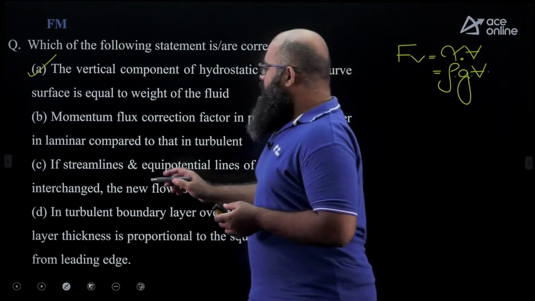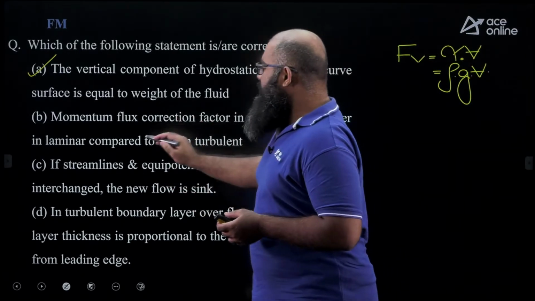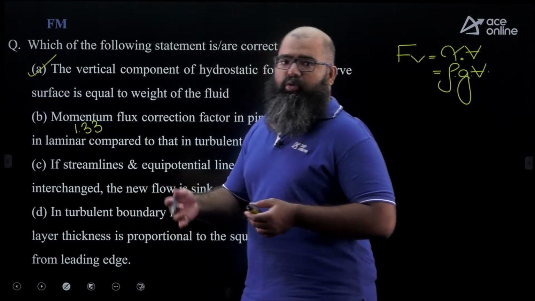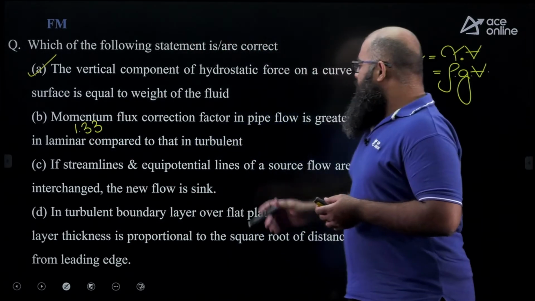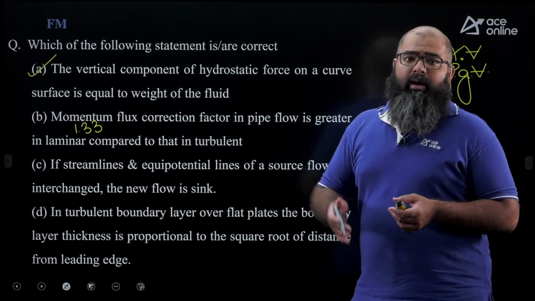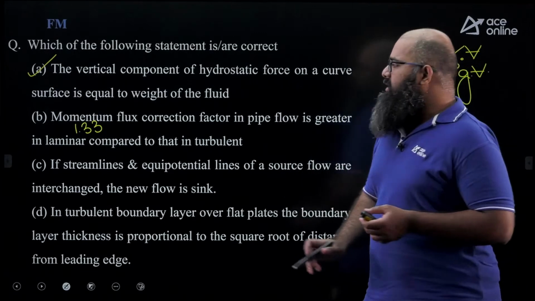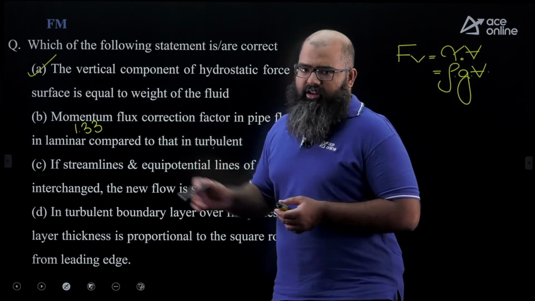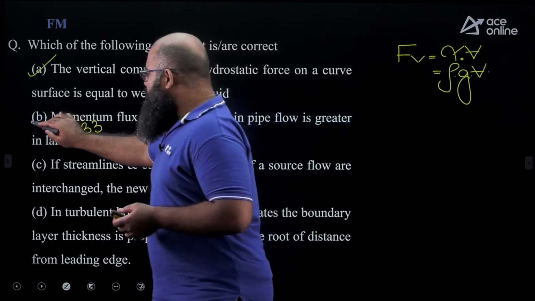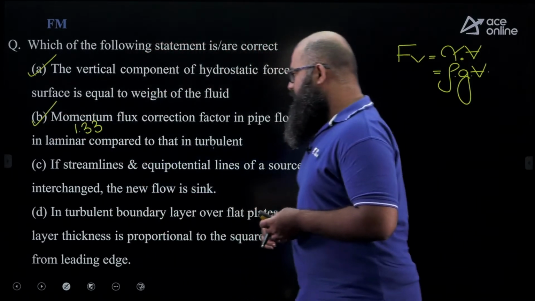As a matter of fact, the correction factor in laminar flow is 1.33 for momentum and 2 for energy correction. In the case of turbulent flow, it depends on the intensity of turbulence, but whatever the intensity of turbulence, this will always be less than 1.33. It might even approach 1. So the second statement over here is also correct.